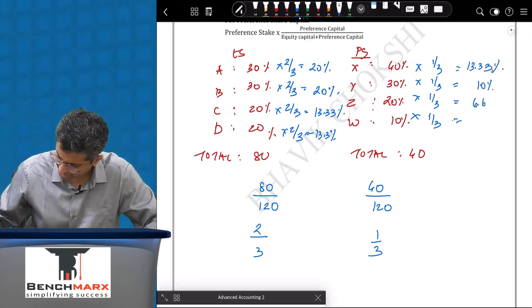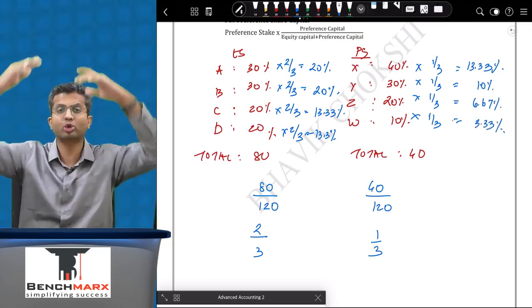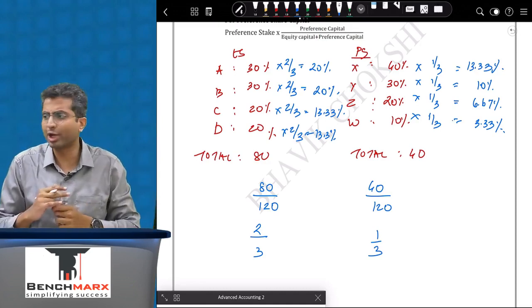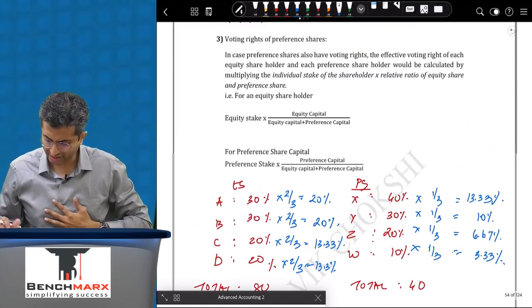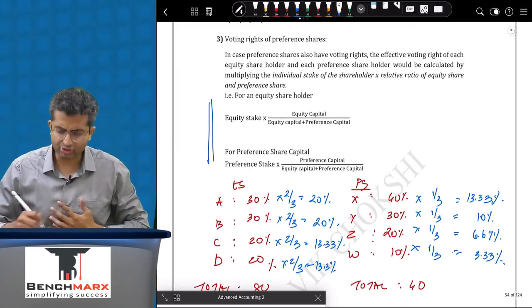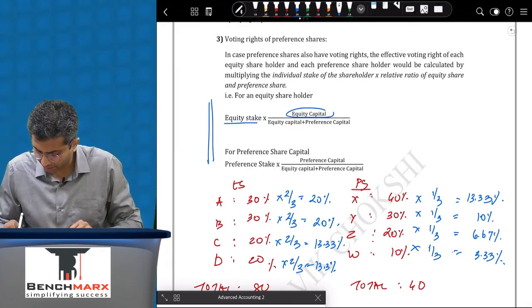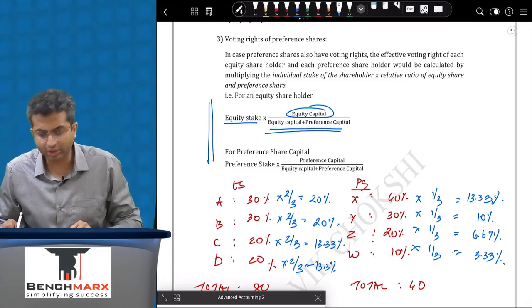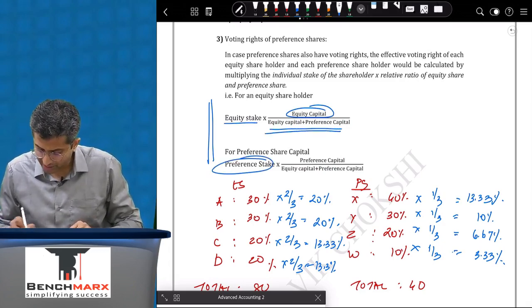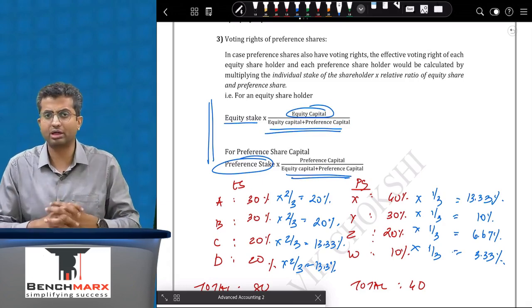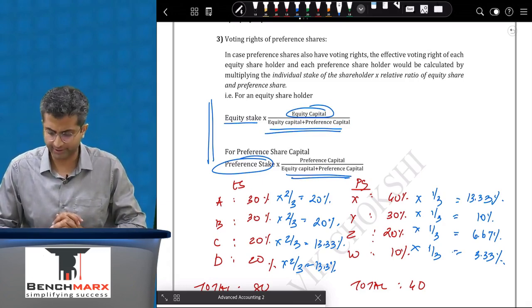This is, I think, 6.67%, and 3.33%, and you will get the total voting percentage for equity as well as preference shareholders. So this is what we have explained, that in such cases, if you want to find the voting percentage, you will take the equity stake and multiply it by the equity capital upon the total. If you want the preference stake, preference capital upon the total, because both of them are going to get a voting right share over here.